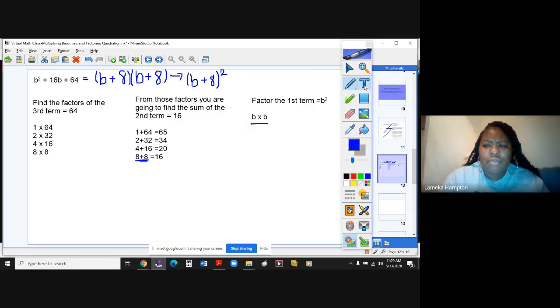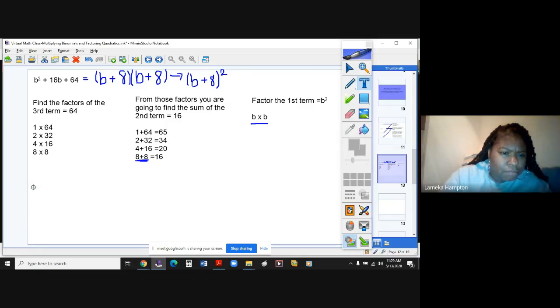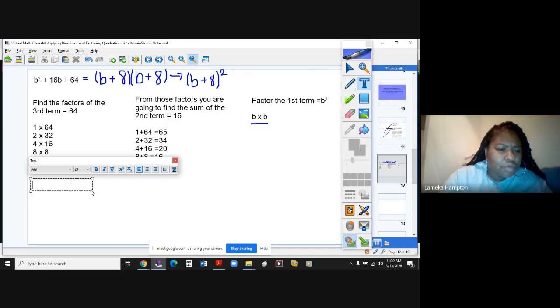All right, so now I'm going to go ahead and type this in. Okay. So we have, I think it was x squared, minus 4x, and then we said plus 24.